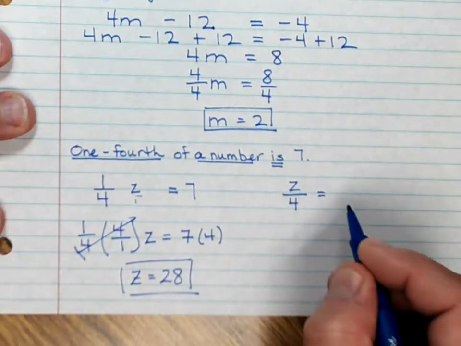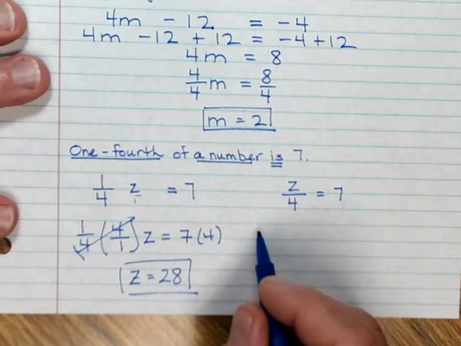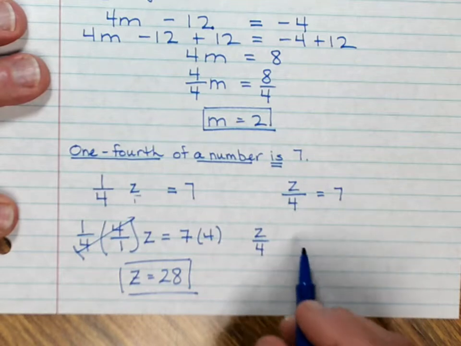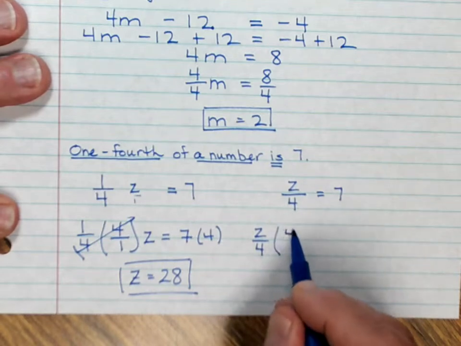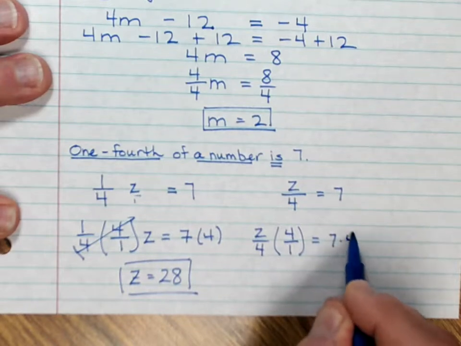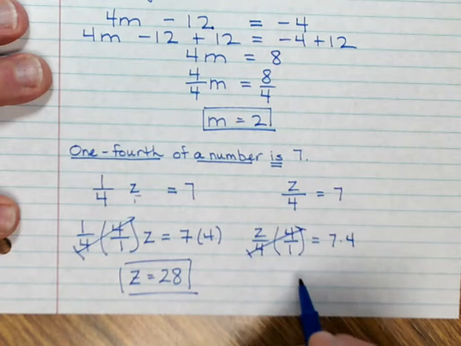And this part is still equals, and this part is still 7. And actually the work after this is identical. We have z over 4, and we're going to multiply by the reciprocal, which is 4 over 1. 4 over 4 is 1, leaving us with z, and there's 28.